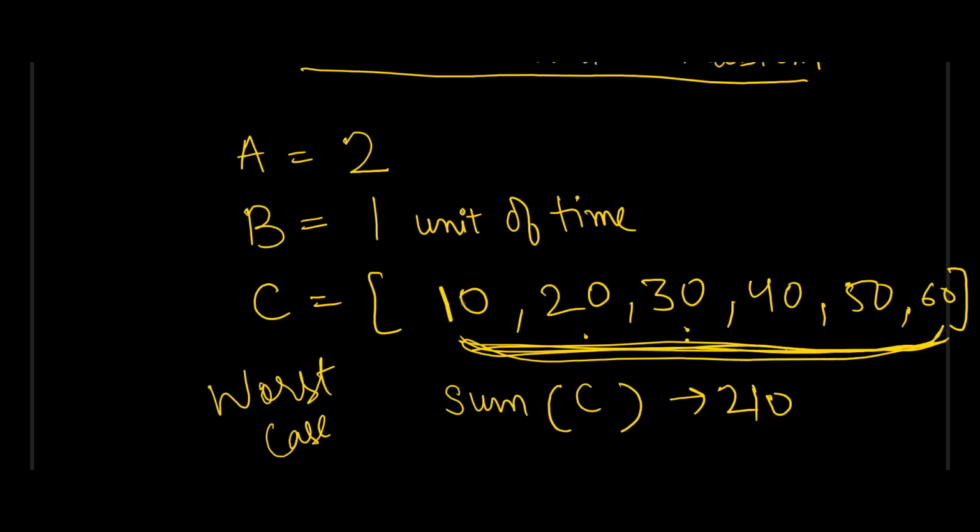Now, what will be the best case? Best will be when we have minimum time, where painters can easily paint the board. So we can say it is the maximum part of the board, which is 60, and then we multiply by the unit of time he'll be taking, which at first is 1.